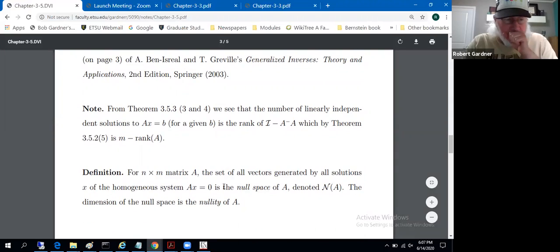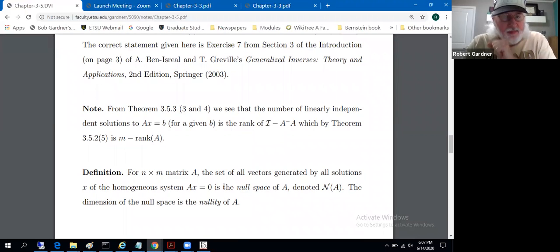Recall, for matrix A, the set of all vectors generated by solutions of the homogeneous system of equations, Ax = 0, is called a null space. If you view A as representing a linear operator, the null space is the stuff mapped to 0 by that linear transformation.